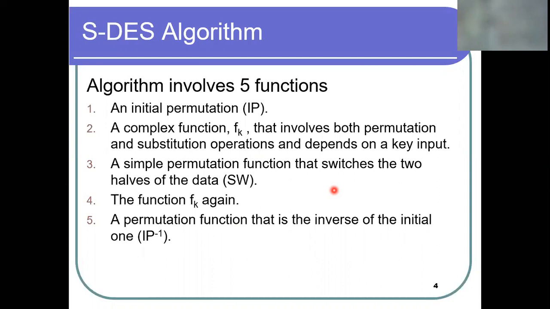Then a complex function fk, which consists of substitution as well as permutation components and some binary operation that depends upon the key as an input. Then a simple permutation function that switches the two halves of the data, the swapping function. Then we apply fk once again, which was utilized in step 2. And after performing these four steps, finally we apply the inverse of the initial permutation, and after the fifth step we get our ciphertext.